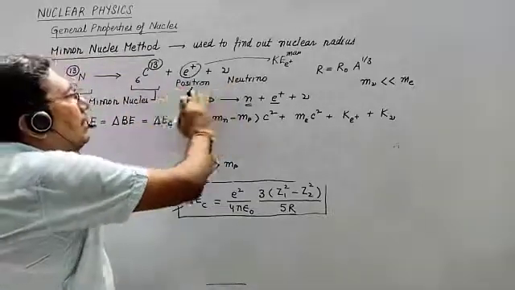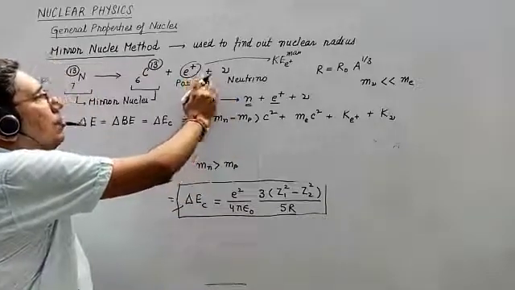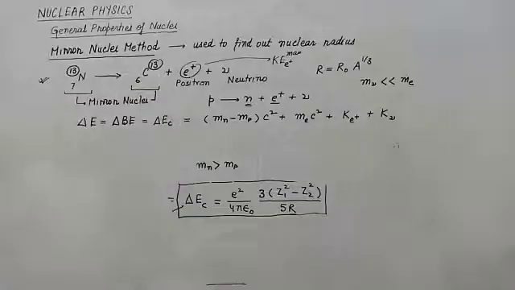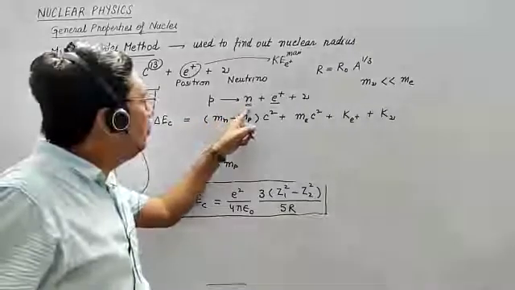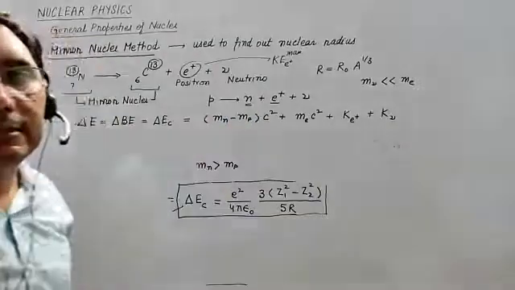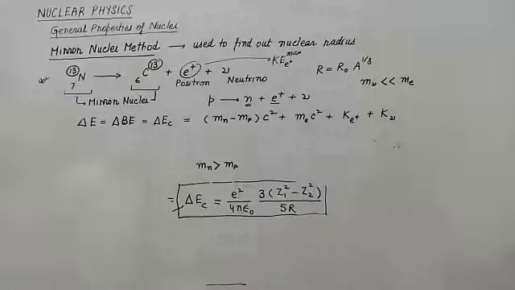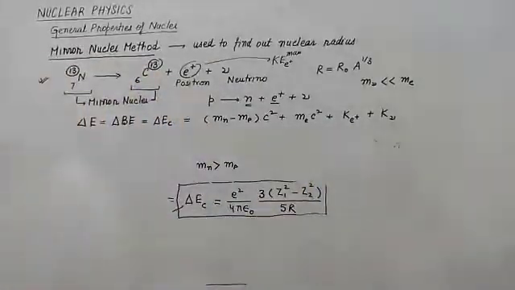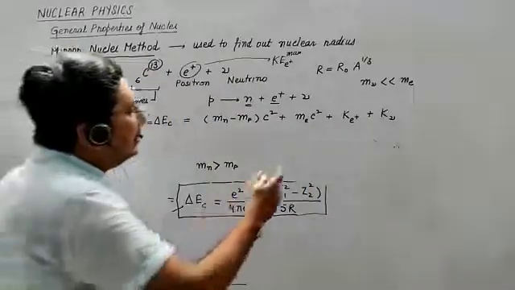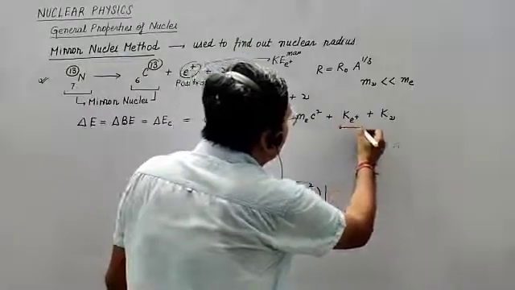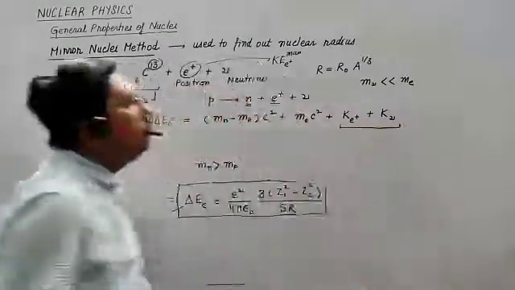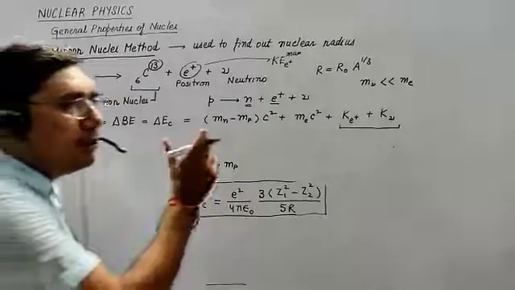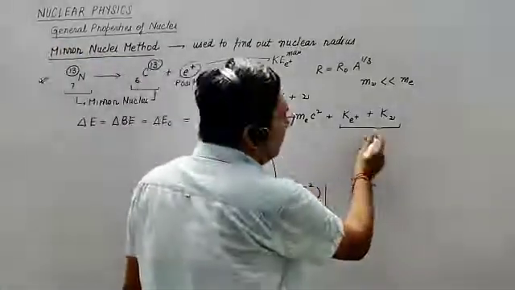So most of the kinetic energy will be carried by this positron and this neutrino, and the kinetic energy associated with C13 will be negligible. So this type of equation I will have. Now this is the total kinetic energy that is provided to positron and this neutrino. And this total kinetic energy is always fixed.